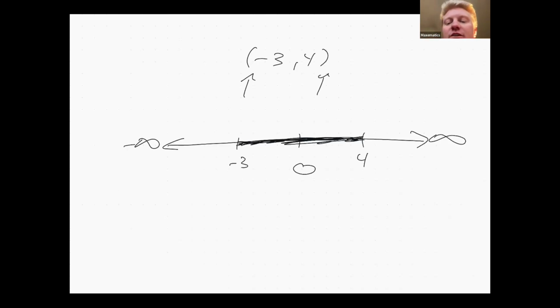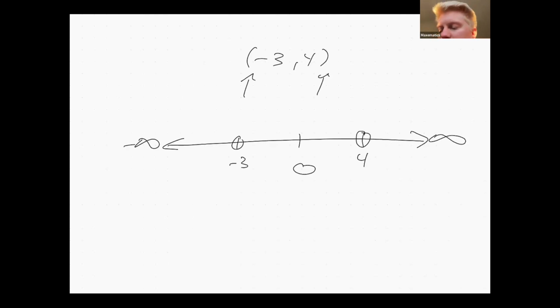Well, how we do that is we represent that with an open circle. So we would say open circle at -3, everything in between -3 and 4, and open circle for 4. Technically we don't want the line to go inside the open circle. So this would be a little bit more accurate as to what an open interval would look like.